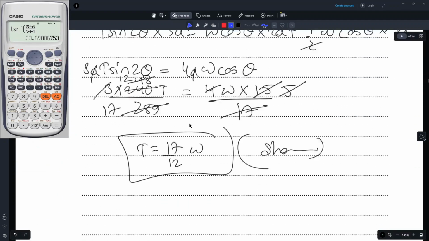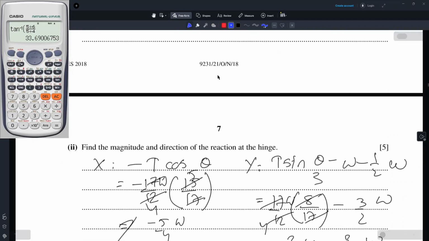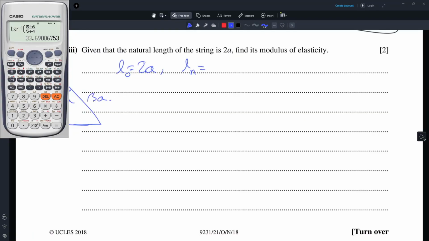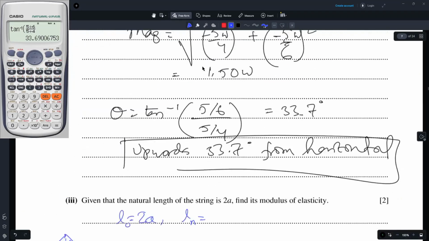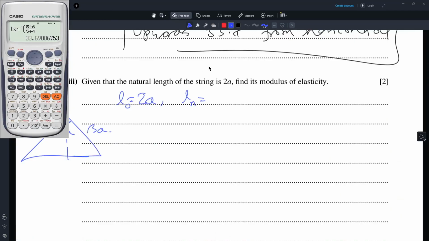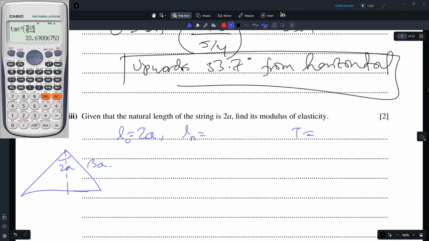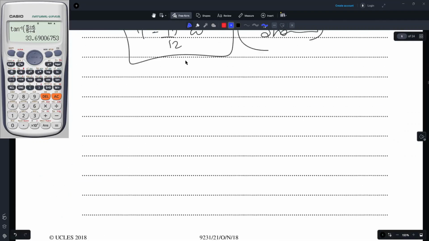No, actually, not this one, it's actually this one. So this is 2a, this is 3a. The tension is, what is it again? 17 by 12 W. I just need the final length so that I can find the extension.